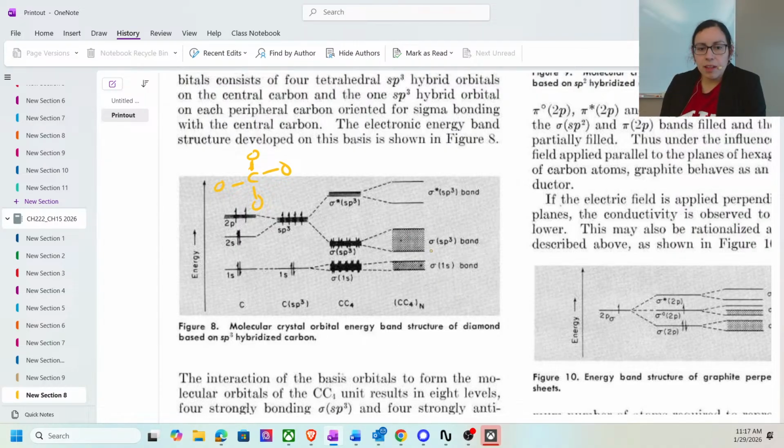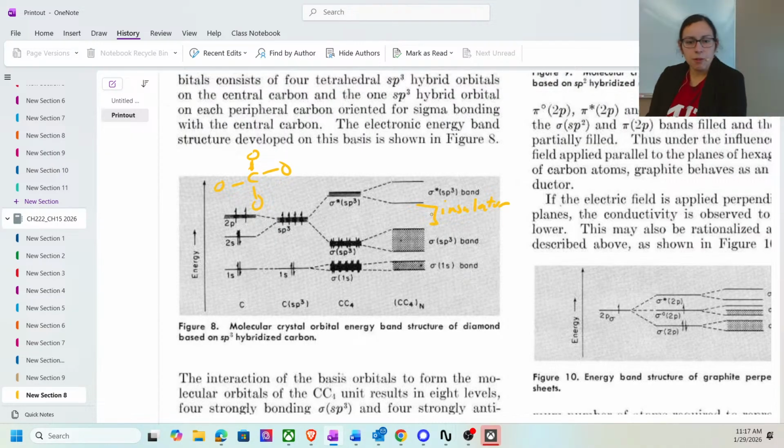And this is what they get from this. Now we see that this sigma bonding sp3 band is filled. That means that if you were to technically write this out, the bonding and anti-bonding are both filled of the sp3. And then you have more sp3 anti-bonding up here. But this is what makes it an insulator.